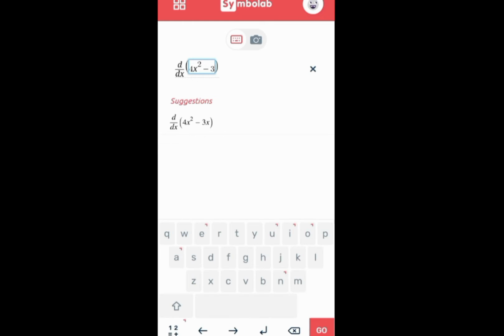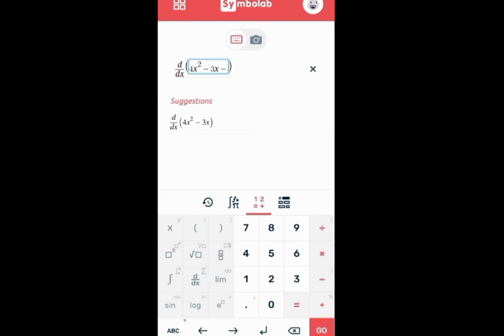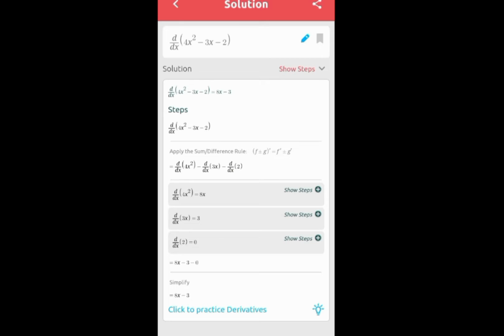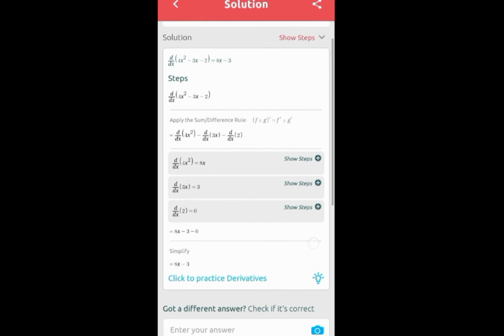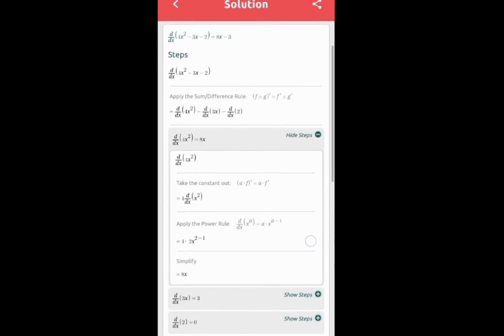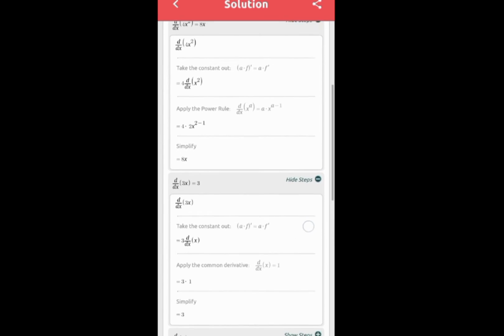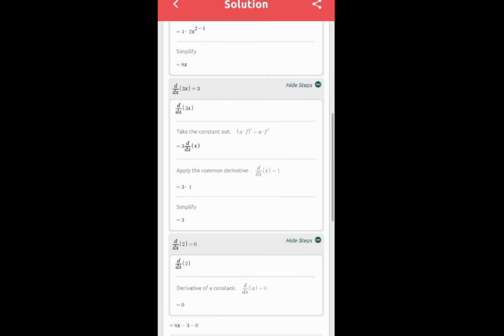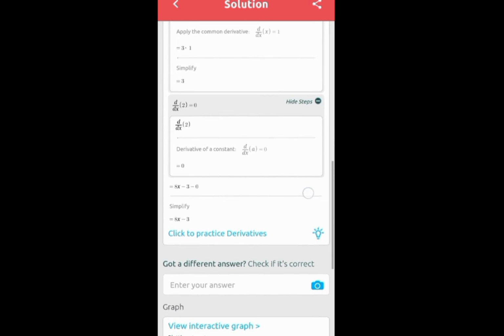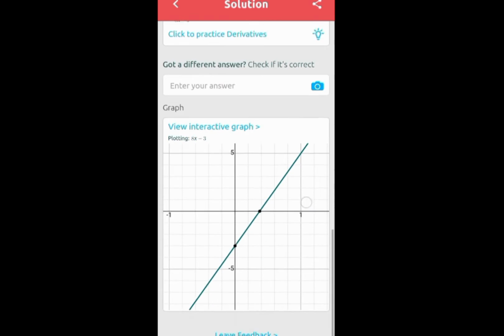Just type in the values, and after you type it in, just click go. Wait for it to load, and it will automatically solve the problem for you. And of course, if you want to know more details, just click show steps. And again, it will also show the graph of the problem.